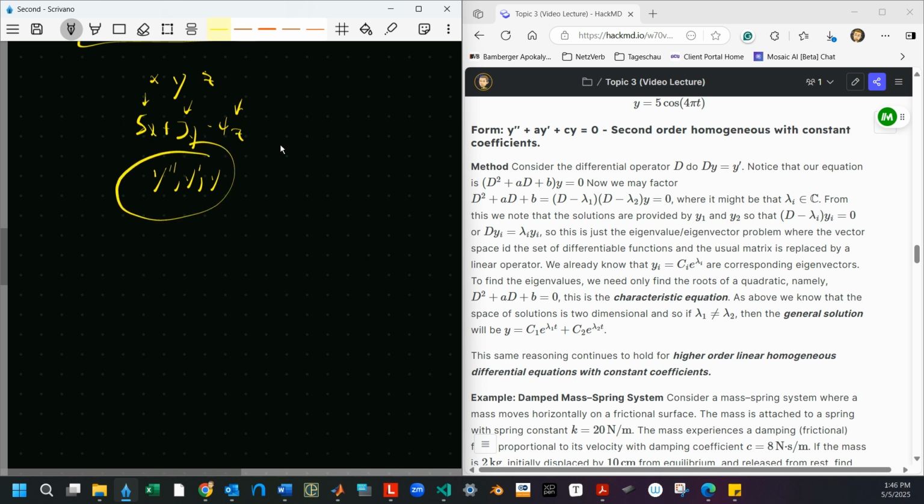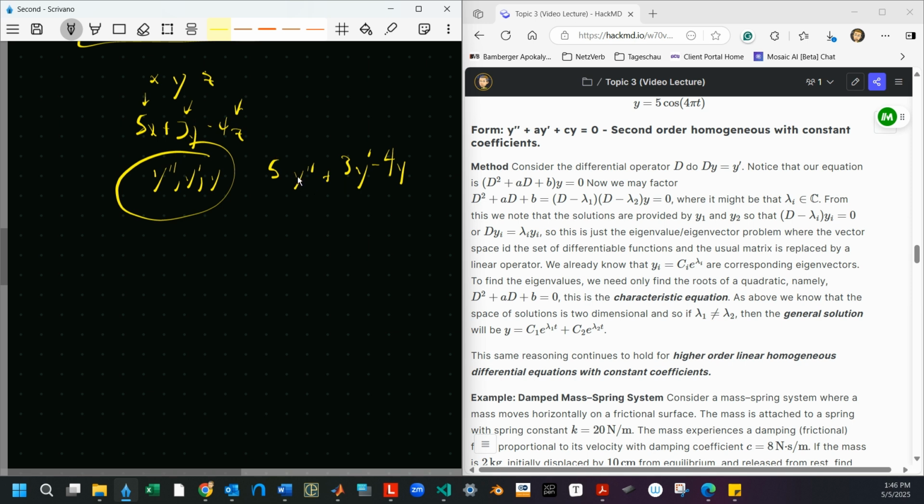And it's a linear combination because, as an example, 5 y double prime plus 3 y prime minus 4 y would be a linear combination of y double prime, y prime, and y.